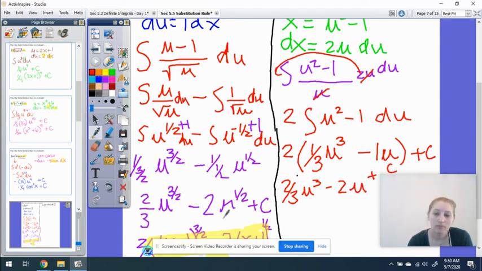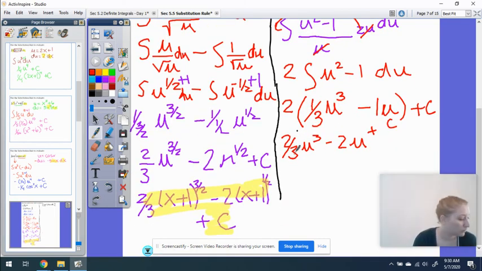All right, and then from there, I can resubstitute back in my u. So my u was the square root of x plus 1, right? So if this is already a cubed, and then I have a square root, essentially what's going to happen is the 3 is going to go at the top in my rational exponent, and the 2 is going to go in the denominator, and that's going to represent the square root part.